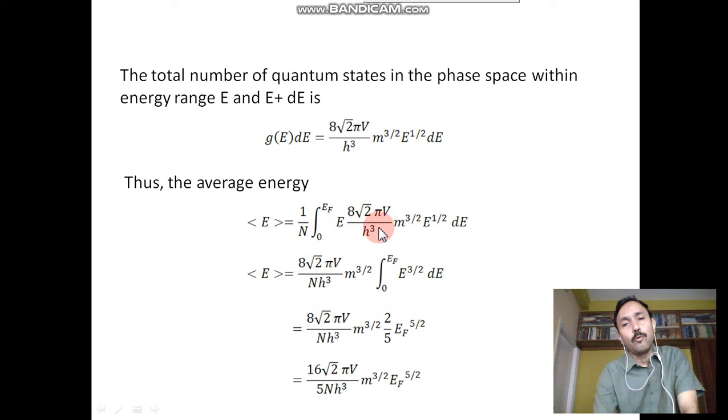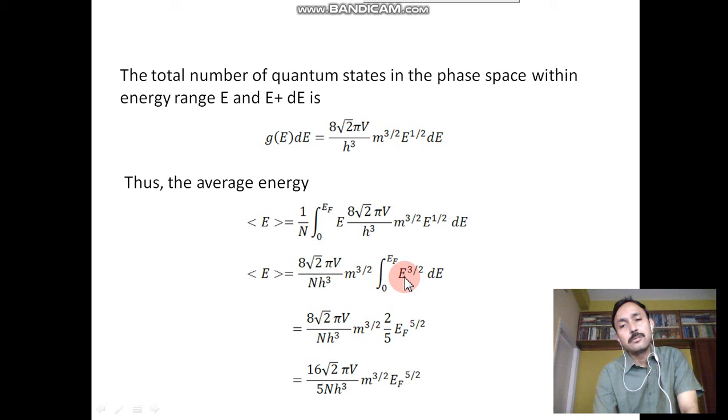So E to the power 1 plus 1 by 2 means 3 by 2. So we have 8 root 2 pi V by N h cube m to the power 3 by 2 integration 0 to EF E to the power 3 by 2 dE. On integration, E to the power 3 by 2 becomes E to the power 5 by 2 by 5 by 2, taking the constant term intact.